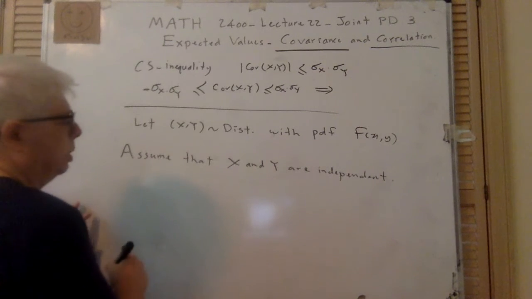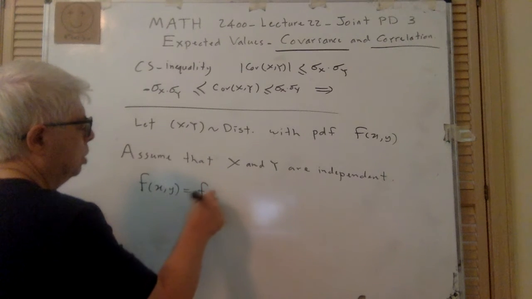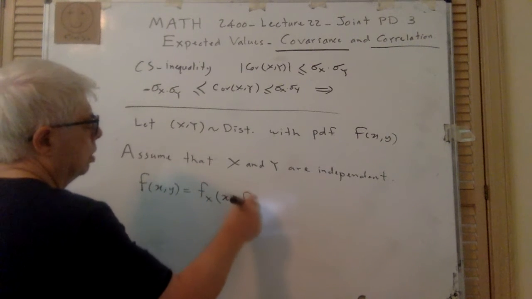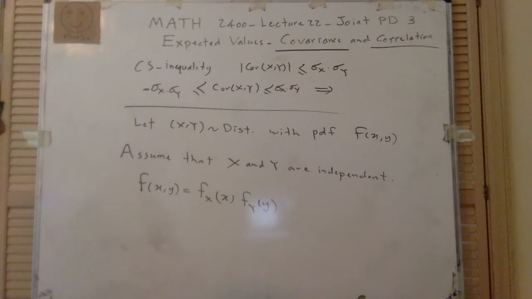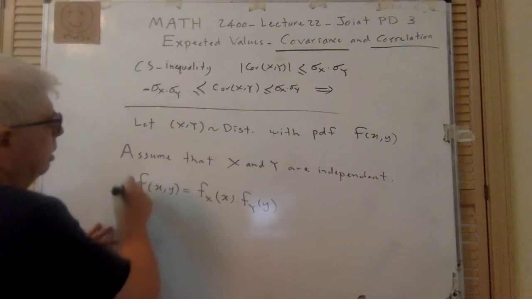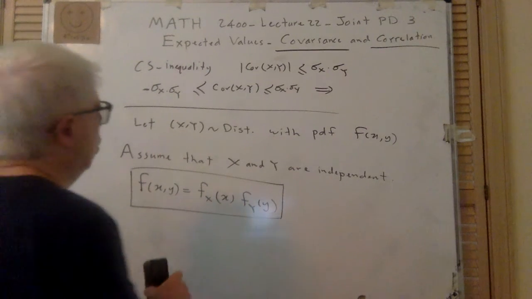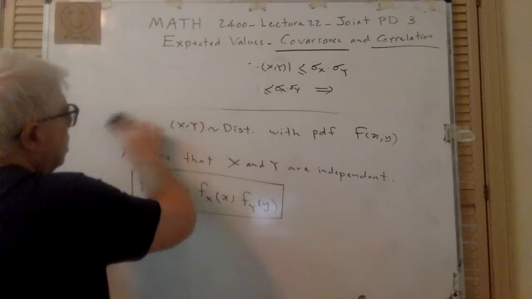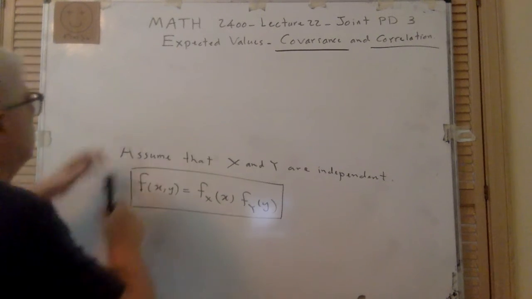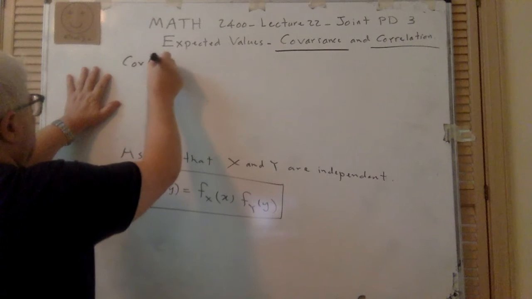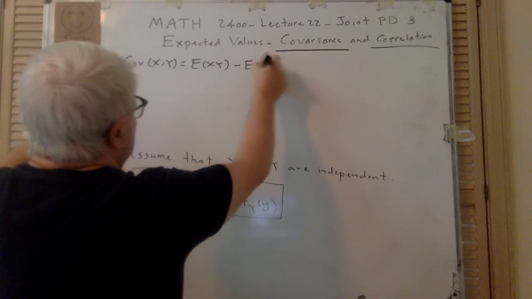Remember what happened when they're independent: then f_XY would split into the two marginals. Okay, so it would split in this form. So if f_XY is like this, let's see what happens to the covariance. So let's find covariance using this. Covariance was E[XY] minus E[X]E[Y].